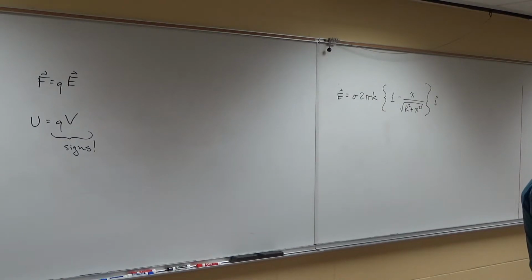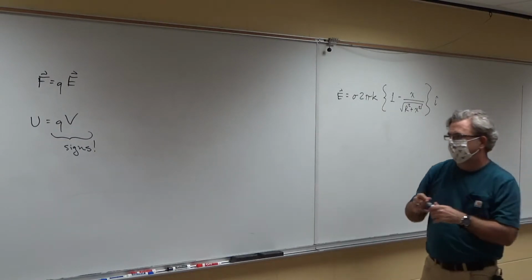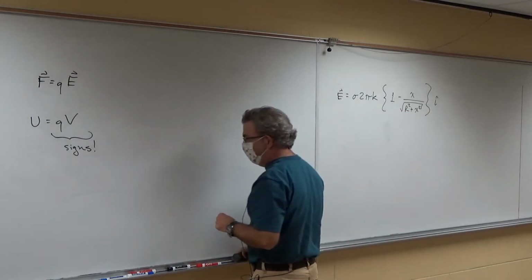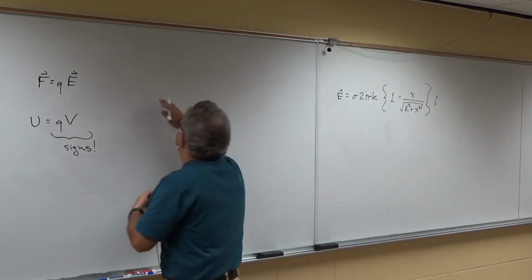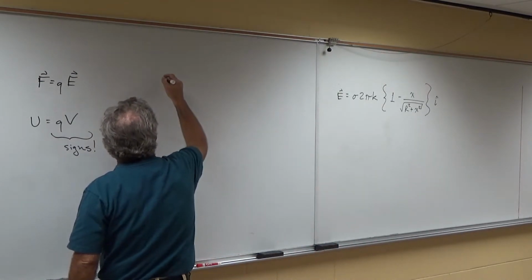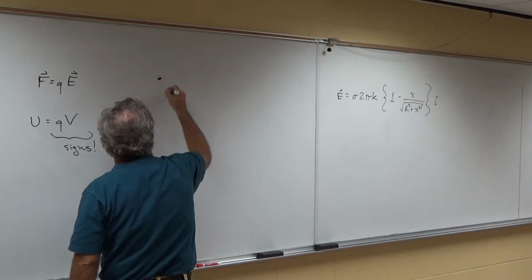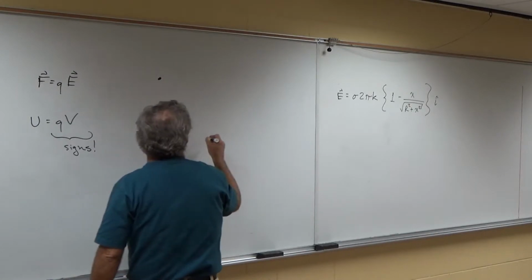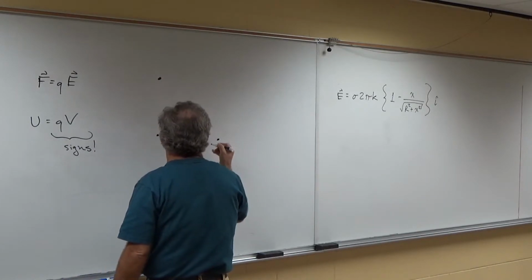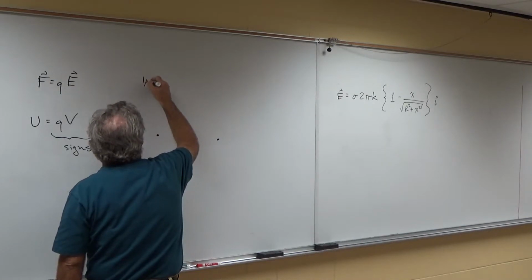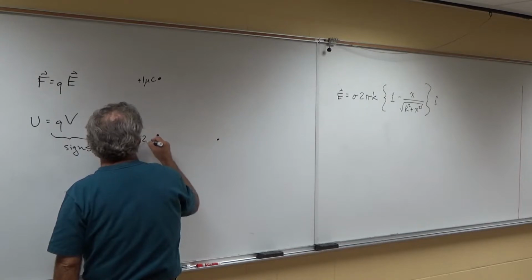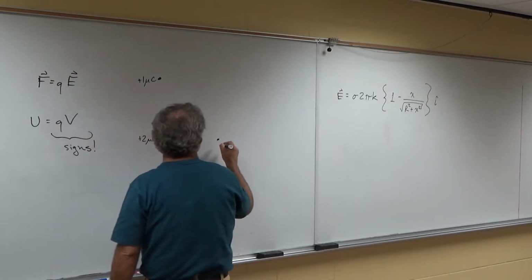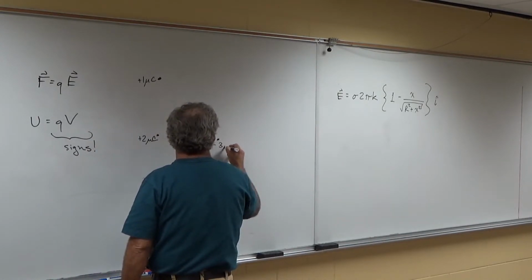So we're going to look at some consequences of this idea. Let's say you have a collection of charge. Here are 3 charges: a +1 microcoulomb, a +2 microcoulomb, and a -3 microcoulomb.